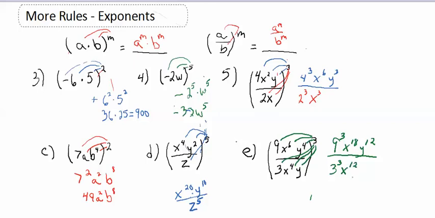And then 3 with the y, so y to the 3rd. And again, there's a way to simplify this. We're going to talk about that in the next lesson, so we're just going to leave it in that form for today. Okay, now you're ready for the lesson that you're going to do next.